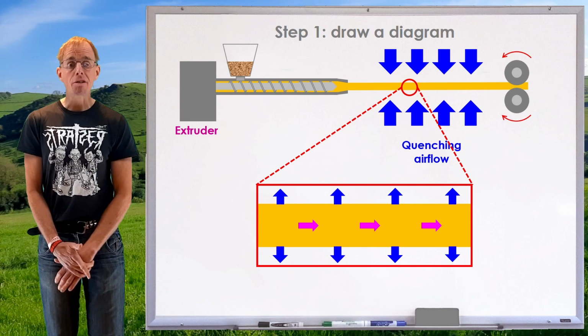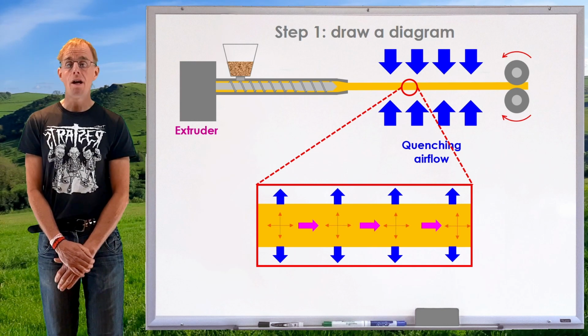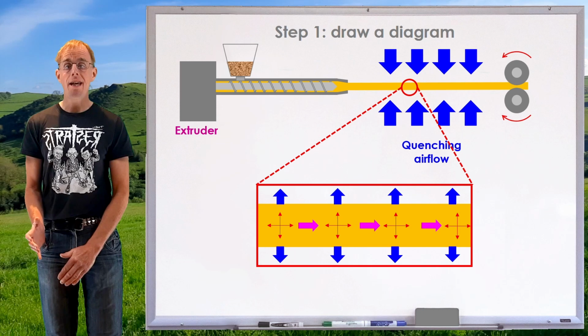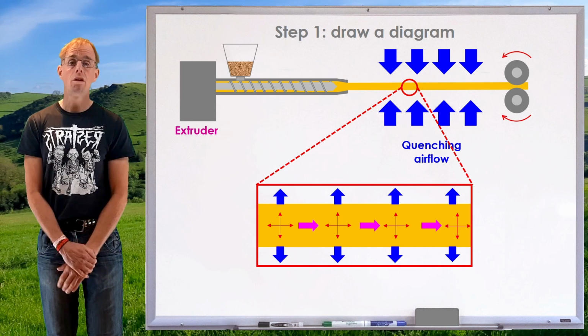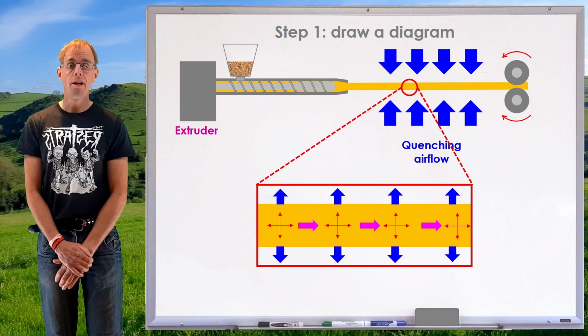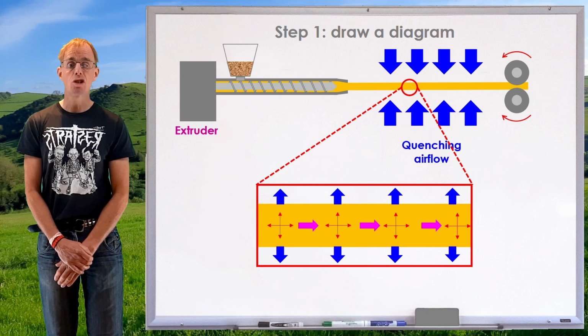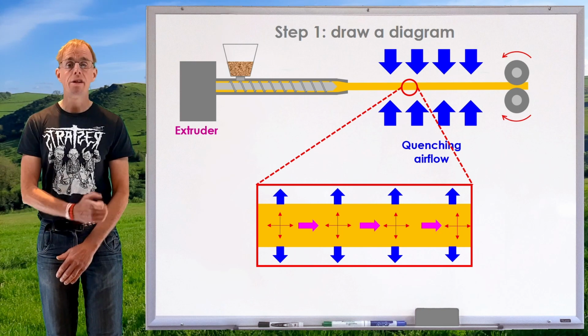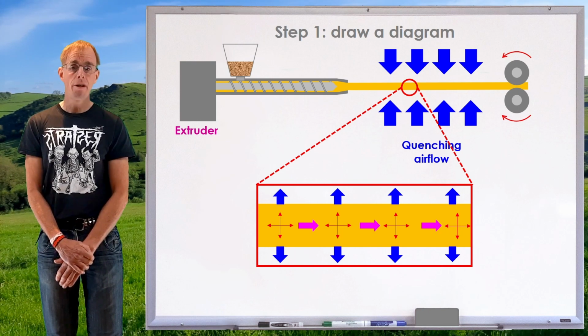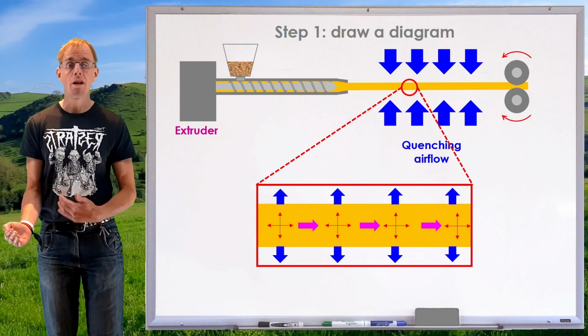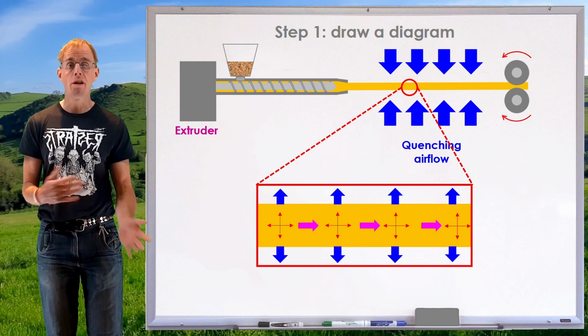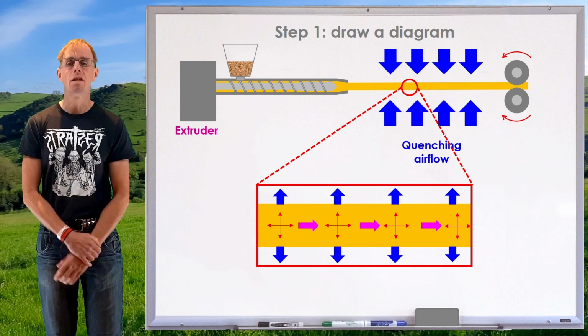I need to think about conduction as well. So I can have conduction in either or all of the coordinate directions. And so I can have conduction heat transfer along the extrudate in the extrusion direction. And depending on the relative temperatures, we can have heat flow from left to right or right to left, depending where the temperature gradients lie.